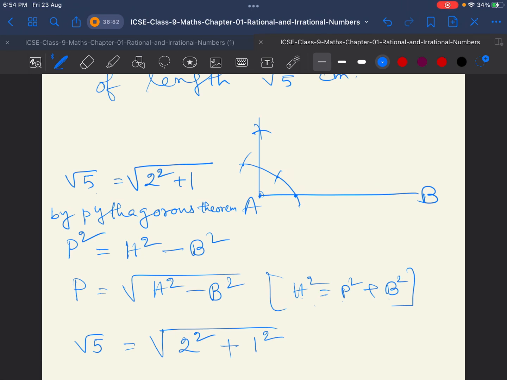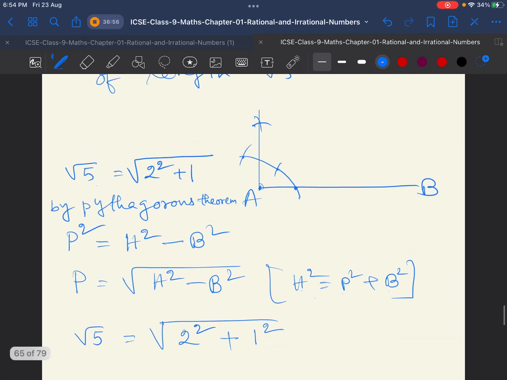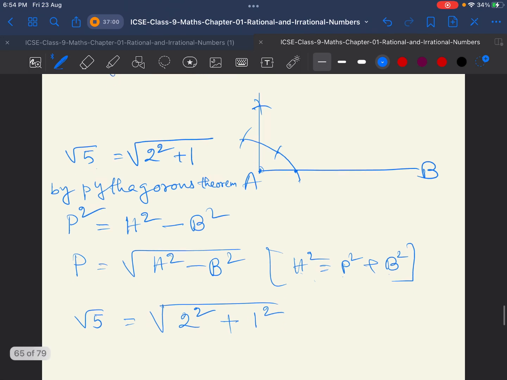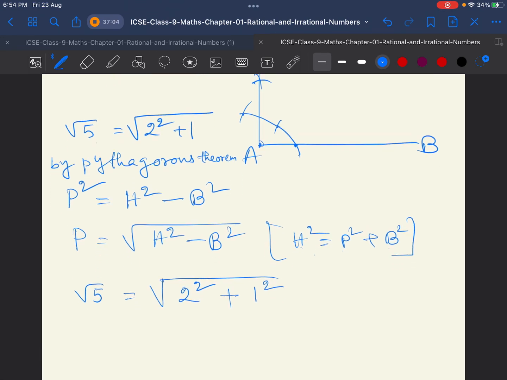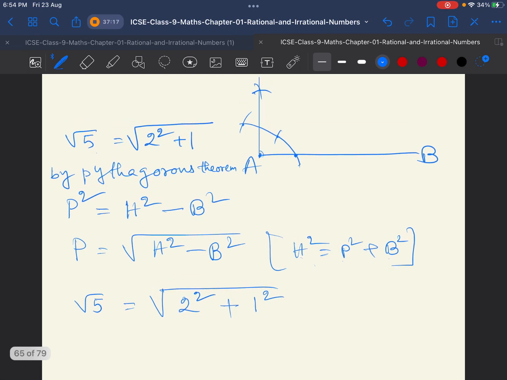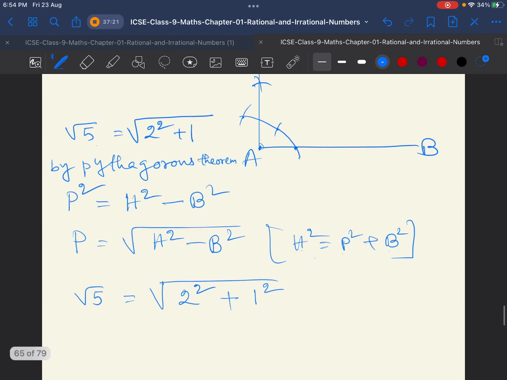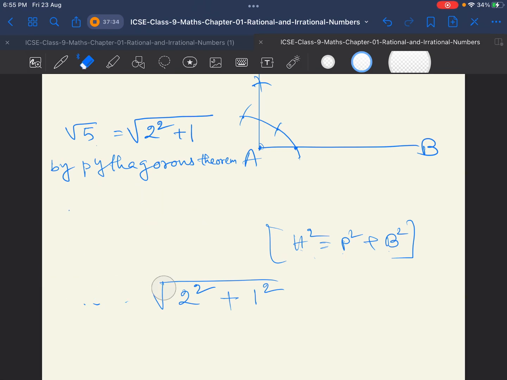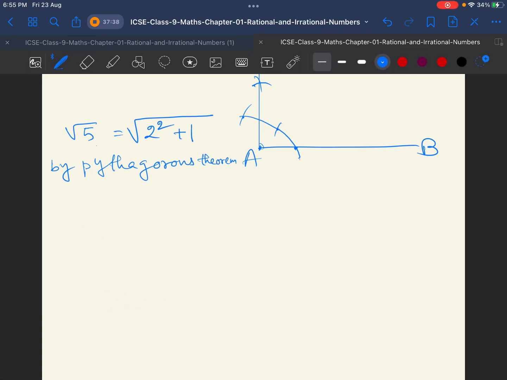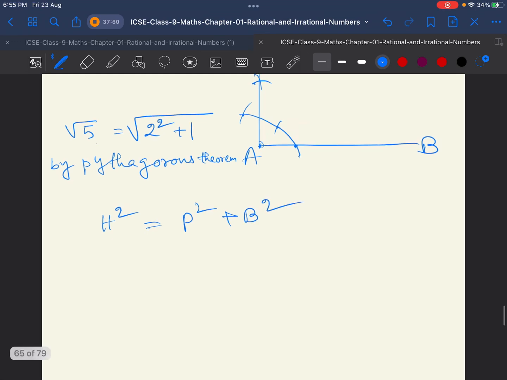So there is a mistake, so we can write here this is the hypotenuse. Because the hypotenuse is bigger than the perpendicular and base, so by the Pythagoras theorem, hypotenuse square equals perpendicular square plus base square.